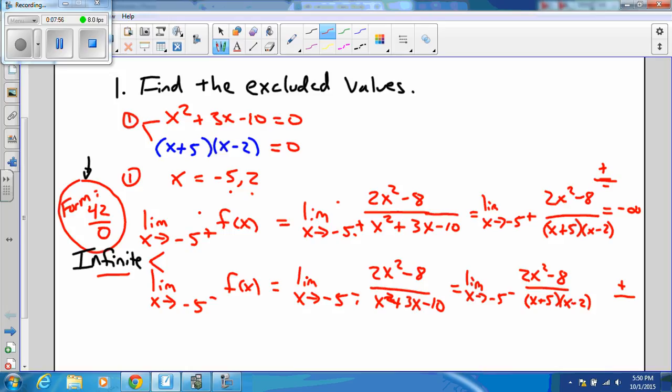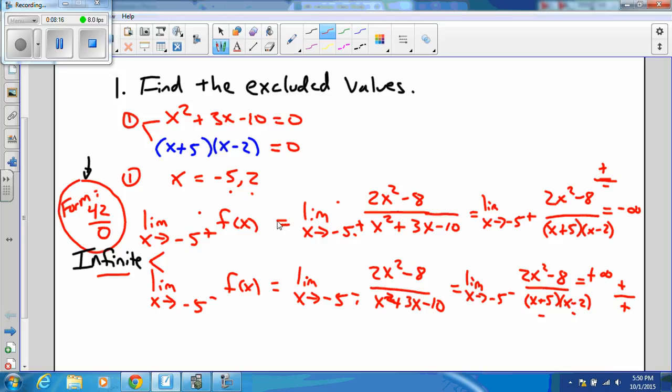Then when I add 5 to those, I'm going to get a small negative residue times -7, which is going to give me a positive value, just like that. And the result is that my limit is going to go to positive infinity.